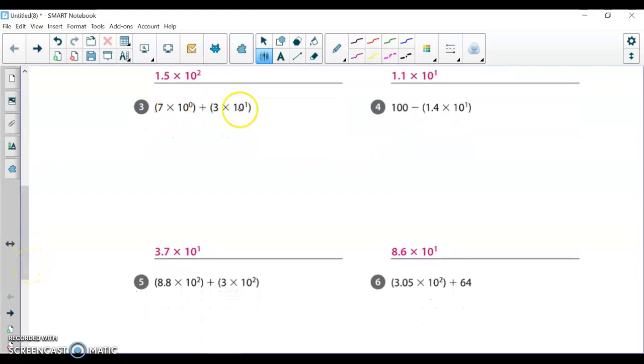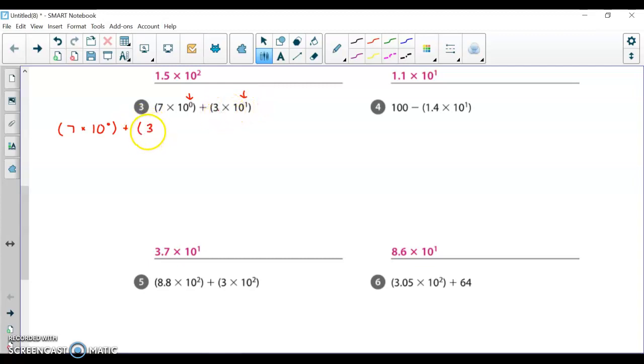Looking at number 3, they're both in scientific notation. However, we have different exponents, so we would have to change at least one of them. So I'm going to show you both ways again. First, we'll start with if we keep 10 to the power of 0. I would have to change this. If I'm subtracting from my exponent, I'm moving my decimal to the right.